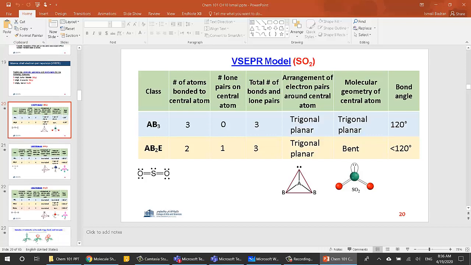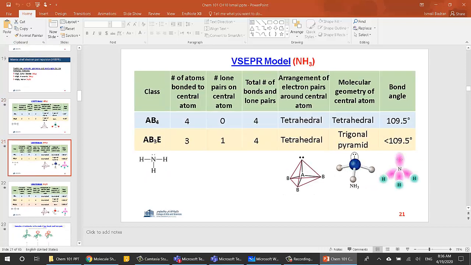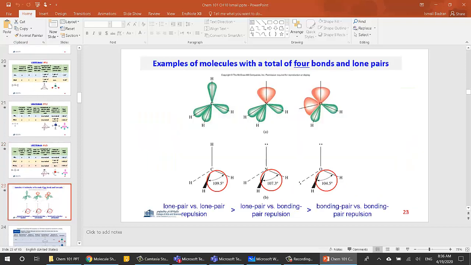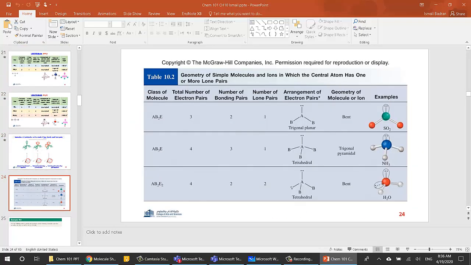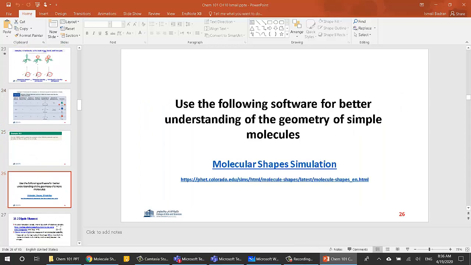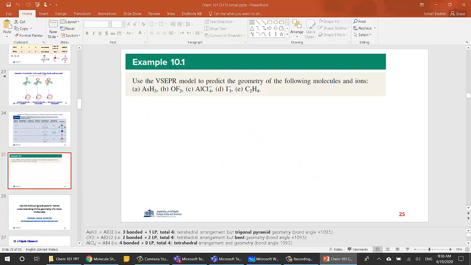You have trigonal planar with its children, tetrahedral, and so on. Let's solve some examples on VSEPR and try to figure out the shapes.